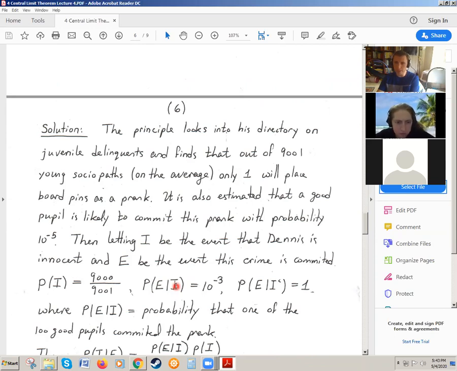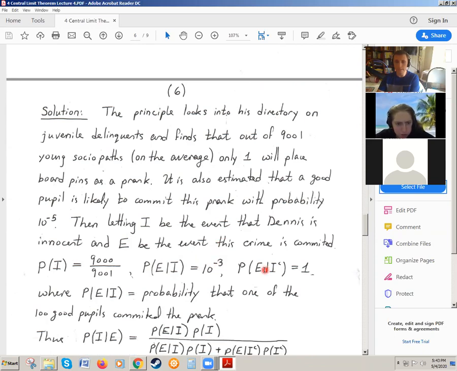It's a hypothesis testing of sorts, yes. So given that he is innocent, the probability that evidence will appear is 10 to the power of -3. That's what supposedly has been calculated. And of course, if he's guilty, that is not innocent, the probability of that evidence is then 1.